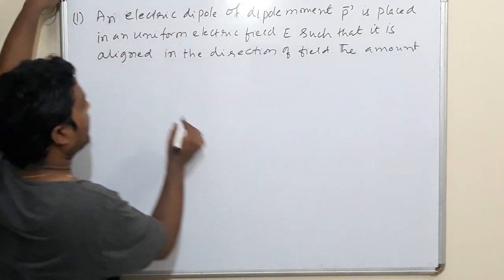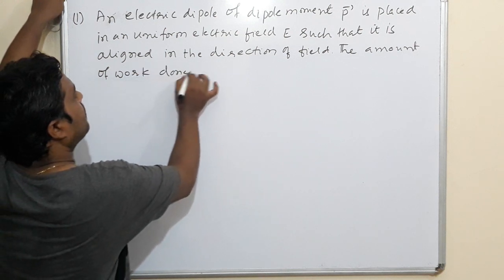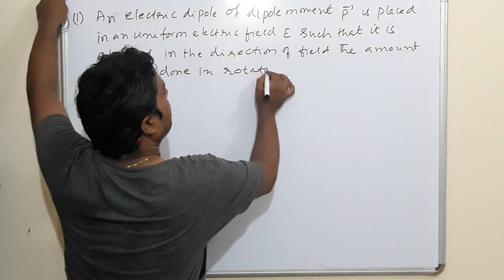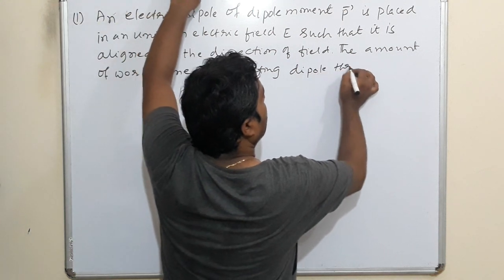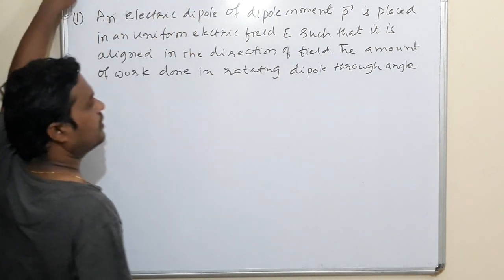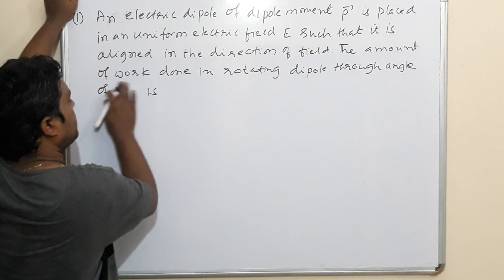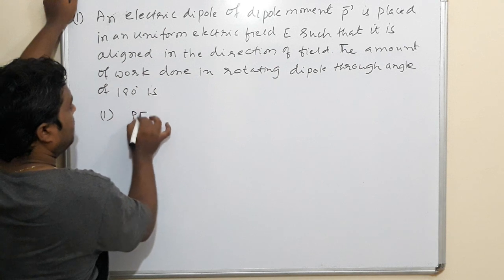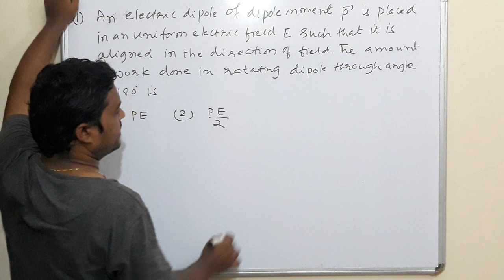The amount of work done in rotating the dipole through an angle of 180 degrees is: PE, P by 2, 2P, or 3P by 2.